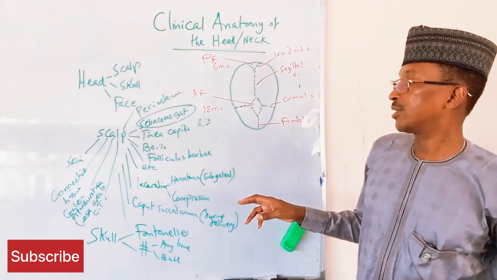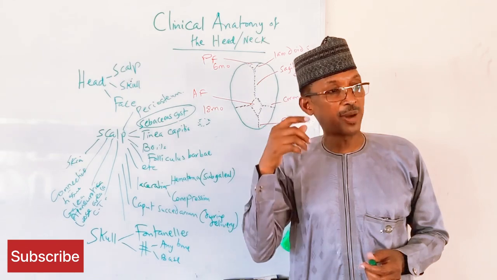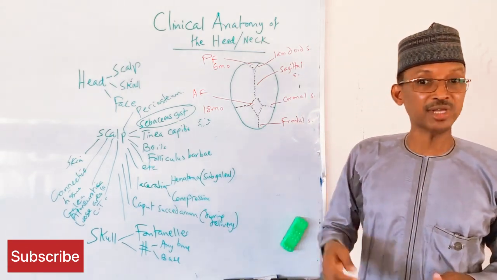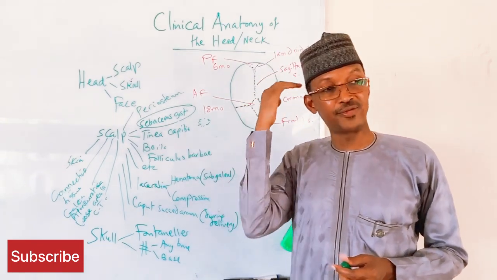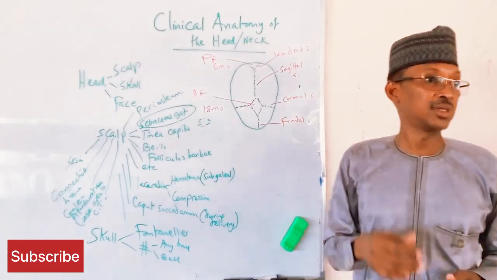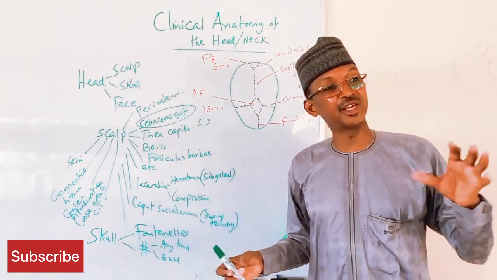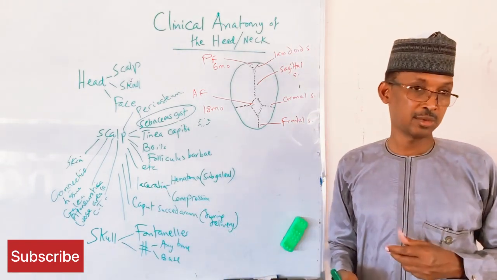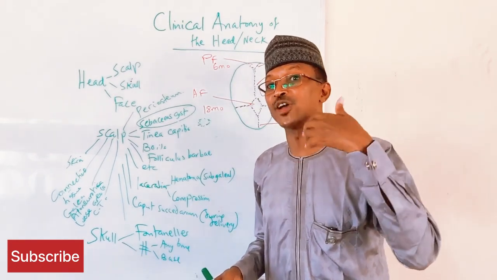And again, someone may have a laceration along the scalp as a result of an accident or as a result of a fight when they use a knife to cut across the scalp. Once that laceration happens, the bleeding tends to be excessive. Why is the bleeding excessive? Because the scalp is well vascularized.